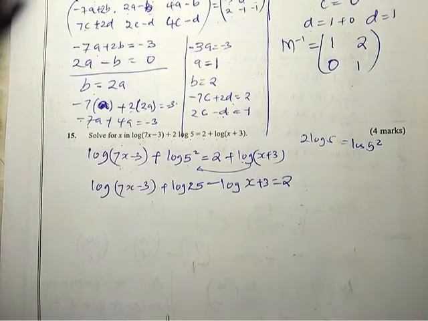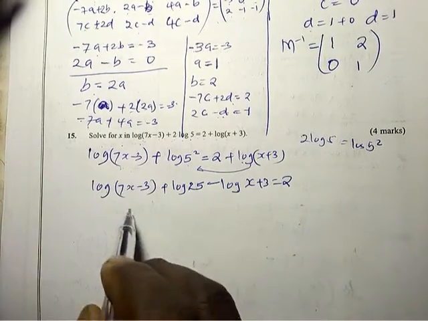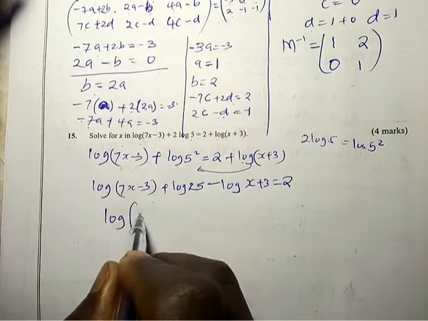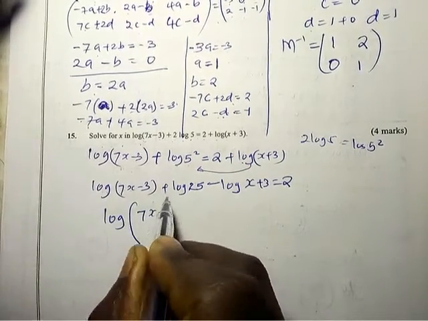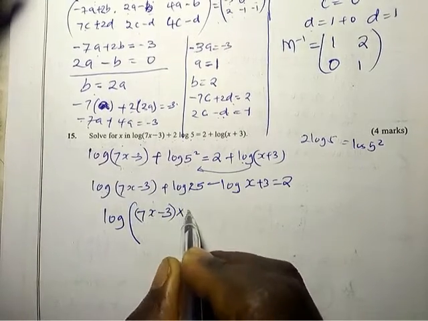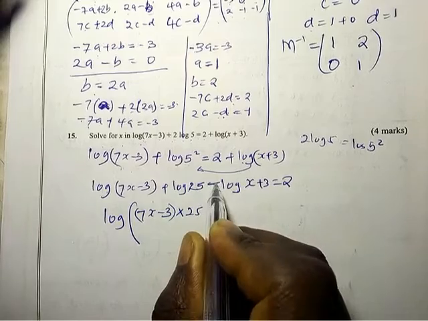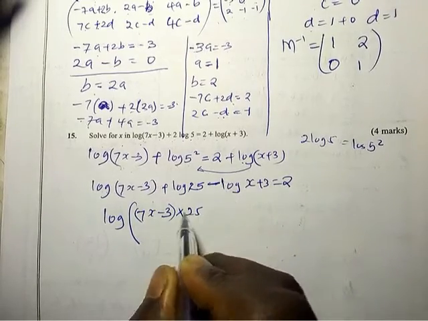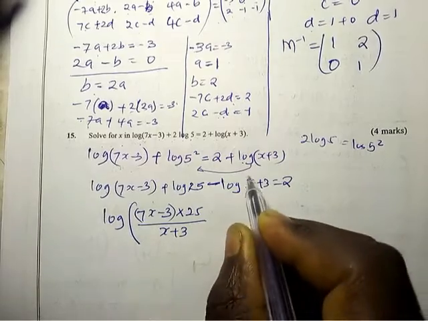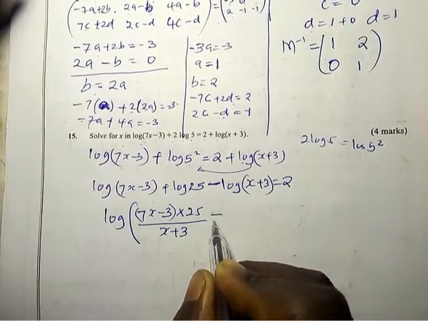So now we take one log: plus means multiplication in logarithms, times 25, and minus means division, so divide by x plus 3. The answer will remain 2.